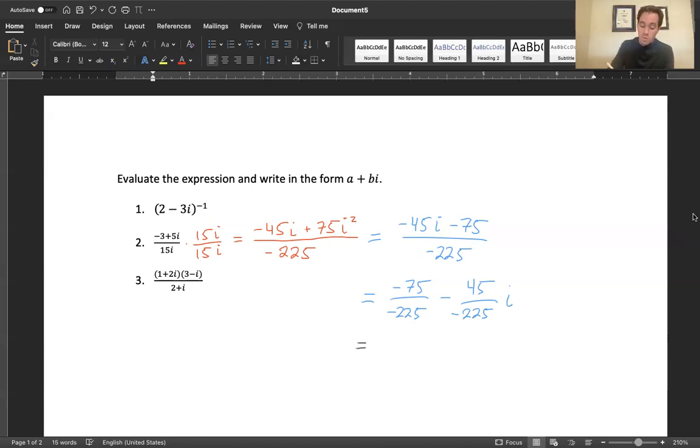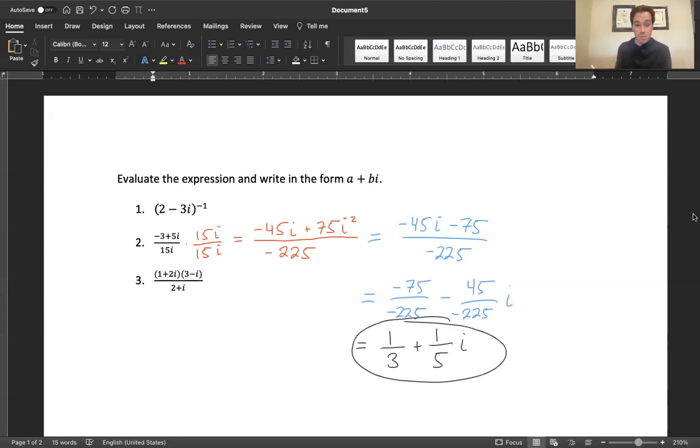So the minus signs go away, and 75 goes into 225 3 times. So that reduces down to positive 1/3. And then 45 goes into 225 5 times. 40 times 5 is 200, 5 times 5 is 25. These minus signs also cancel out. So this is going to end up being plus 1/5 i.